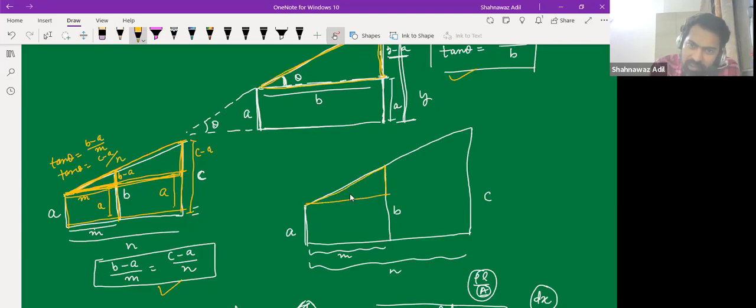Let's say this is theta. Then in this triangle, this length would be B minus A, and this is M. So slope is B minus A divided by M.